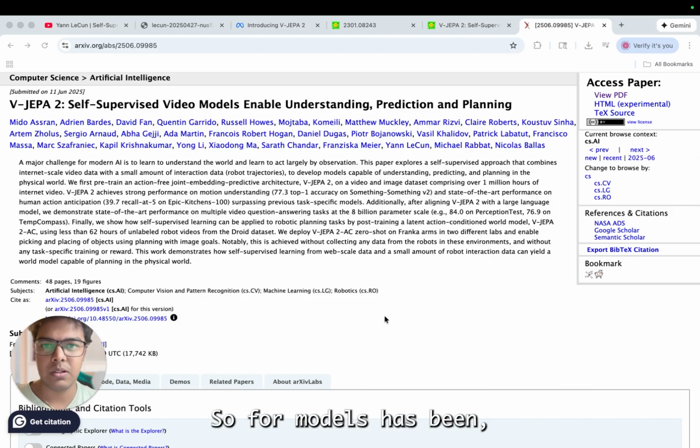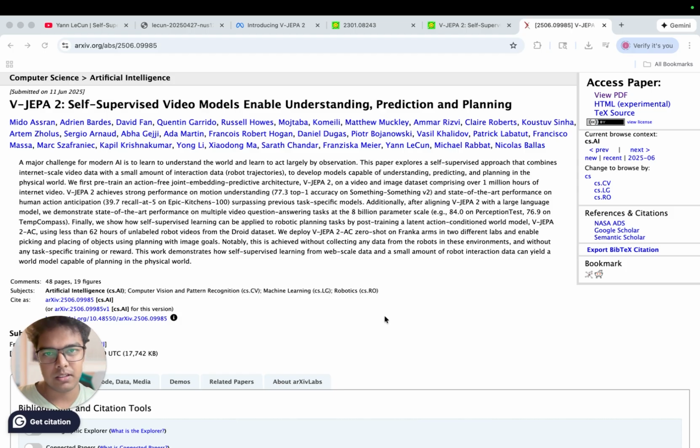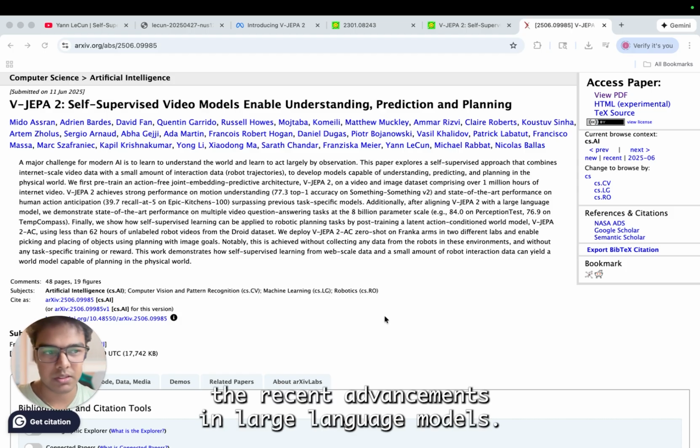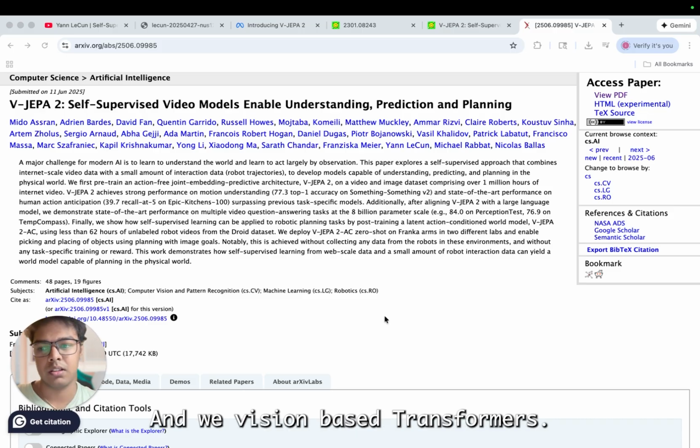World models have been at the cornerstone of the recent advancements in large language models and vision-based transformers.